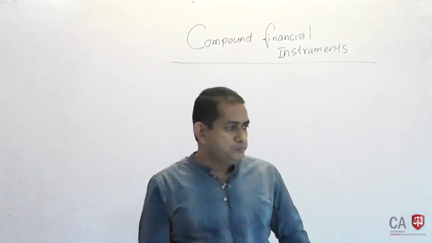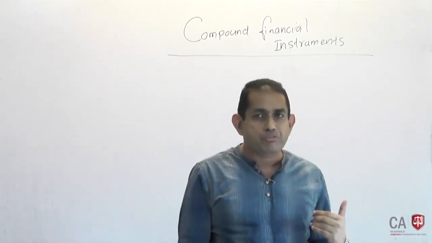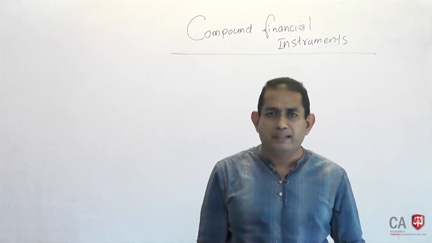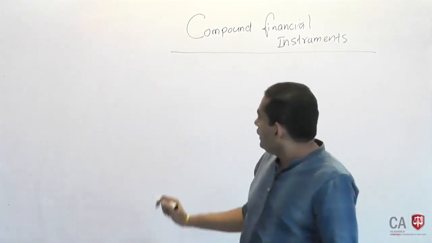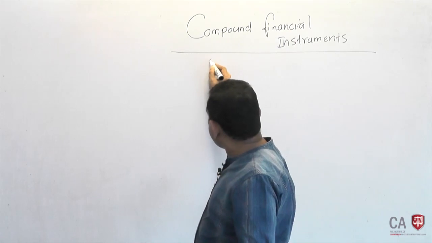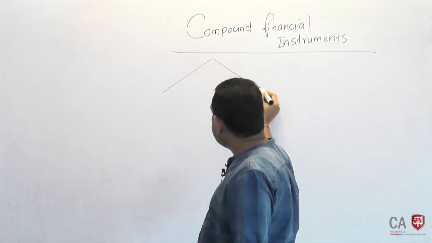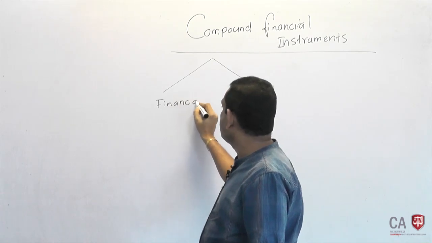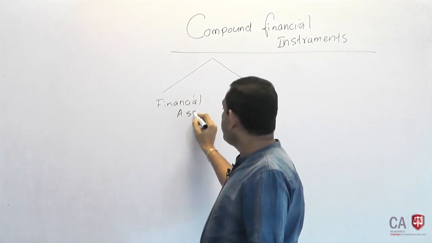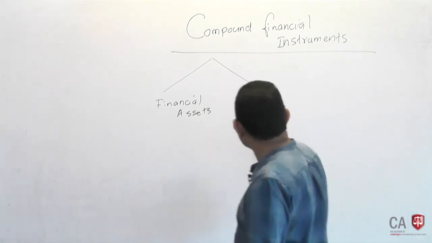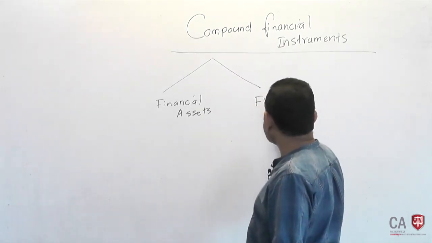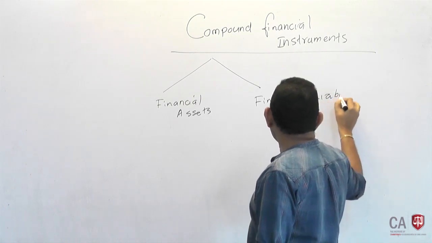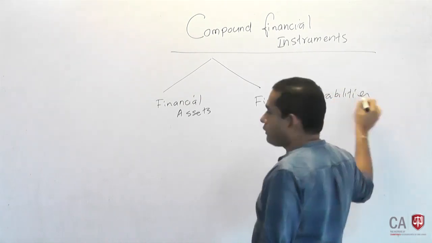Now, let me move off my track a bit and get back to it in a little while. You know, financial instruments are either financial assets or financial liabilities, right.